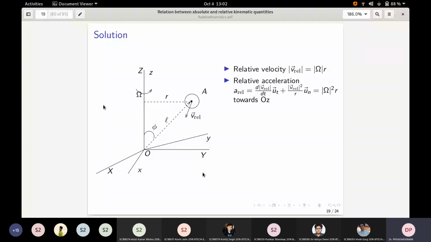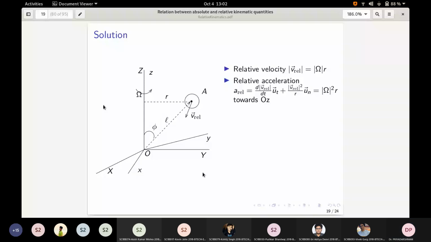So the relative acceleration, we have already computed that, if you remember, using our standard formula. That is, you have the tangential as well as, because it's a rotatory motion of the frame, you can also consider this quantity. That is, it appears to move around this circle. So it is like a curvilinear path.